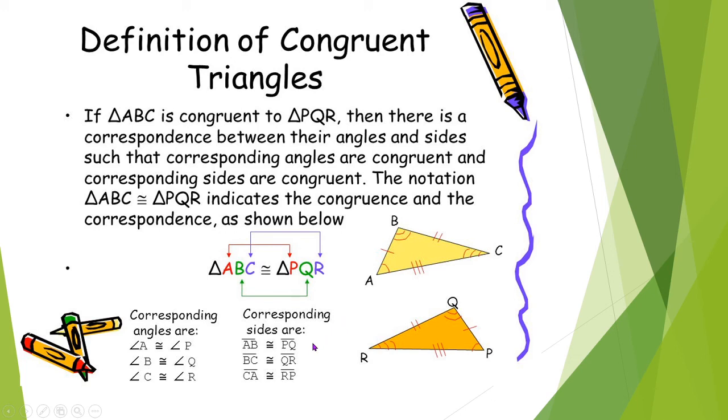However, to prove a theorem, if we prove 3 of these 6 possibilities, then the triangles will be considered congruent, and it will be the postulate for that triangle.